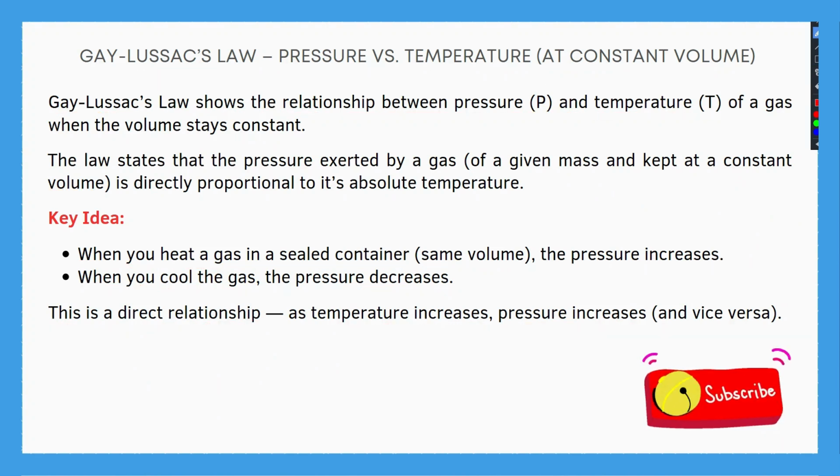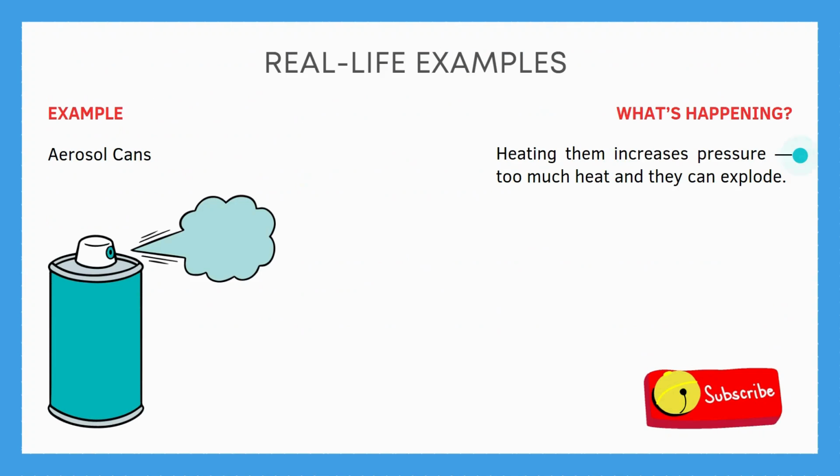Now that we've talked about all of that, let's move on to the next concept that we want to make clear. Are there examples to buttress our points? Yes, there are a whole lot of examples, and here are some of them. Example number one is the aerosol can. The cans that contain your perfumes and some of these things that you use in your house on a daily basis are called aerosol cans.